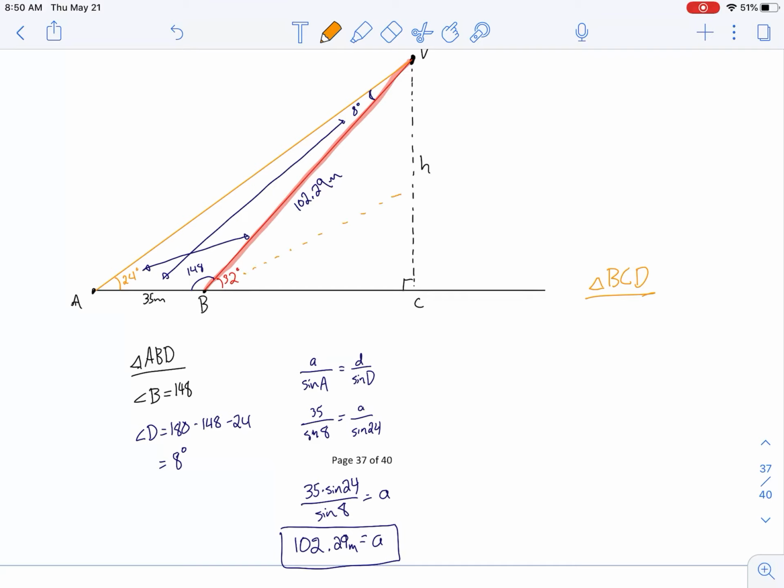From theta, we have the opposite, and we have the hypotenuse. What trig ratio uses O and H? That'd be sine. So the sine of 32 degrees is equal to h, the opposite, divided by the hypotenuse, 102.29.